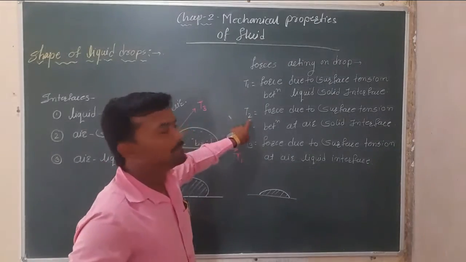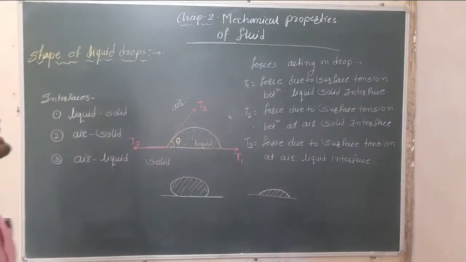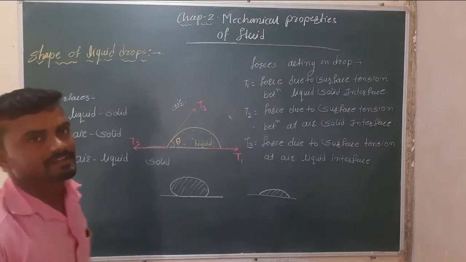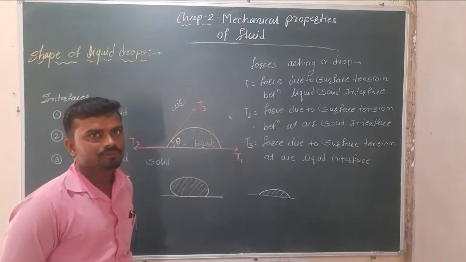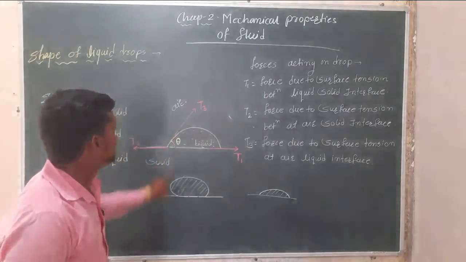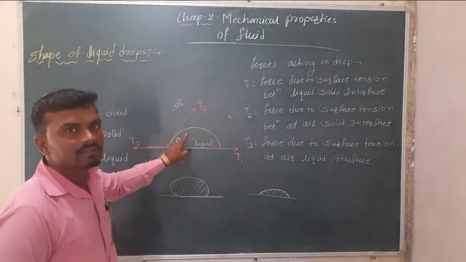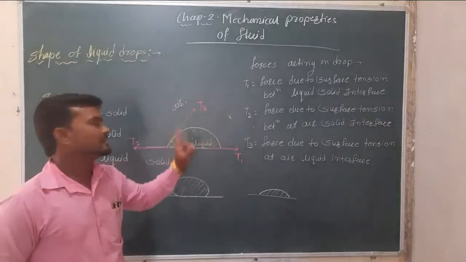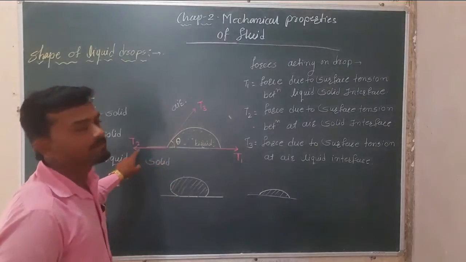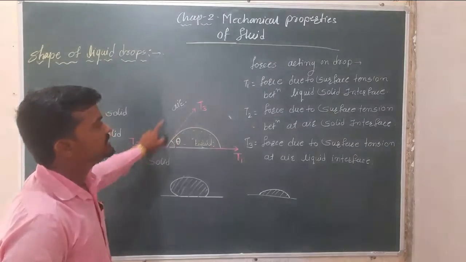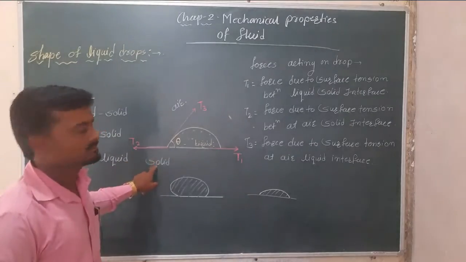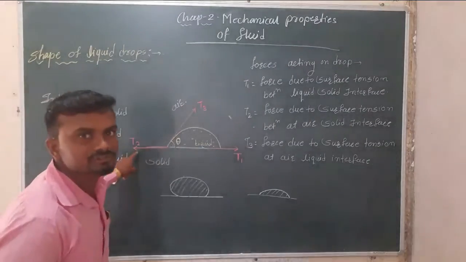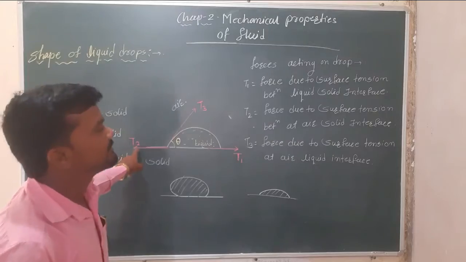Again, T2 be the force due to surface tension between the air and solid interface. Here is that interface, and tangent to that interface is the force due to the surface tension, which is represented by T2.